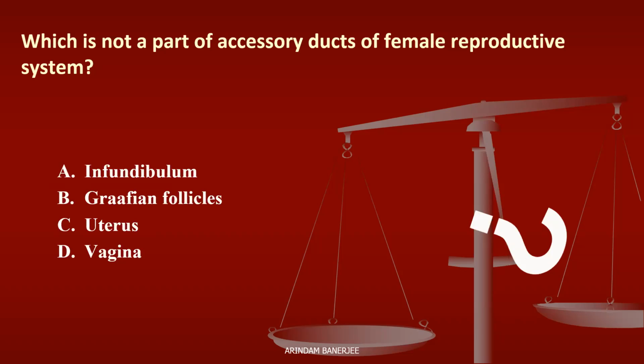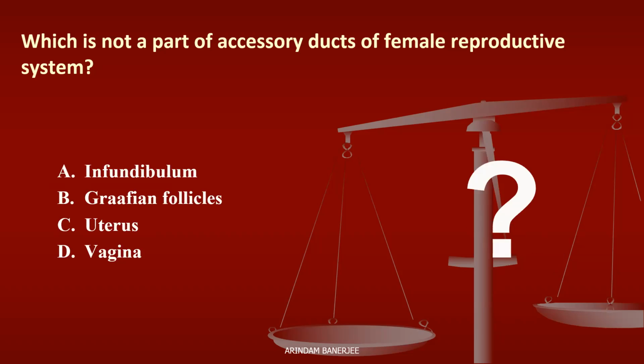Next question: which part is not part of the accessory ducts of the female reproductive system?